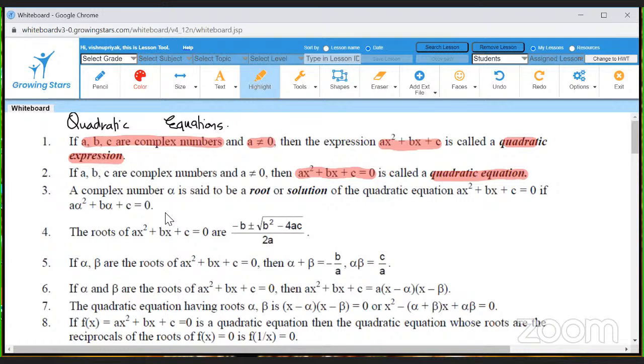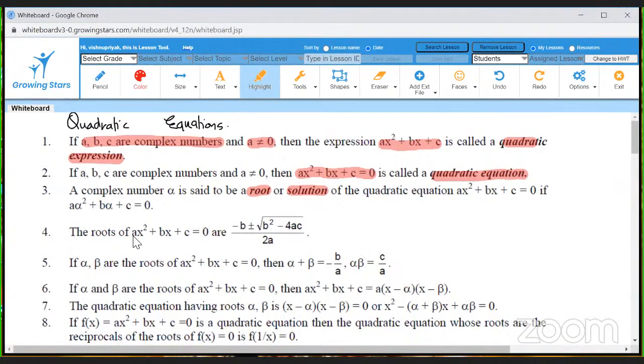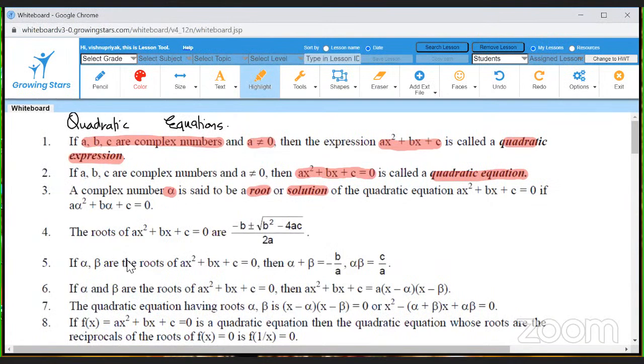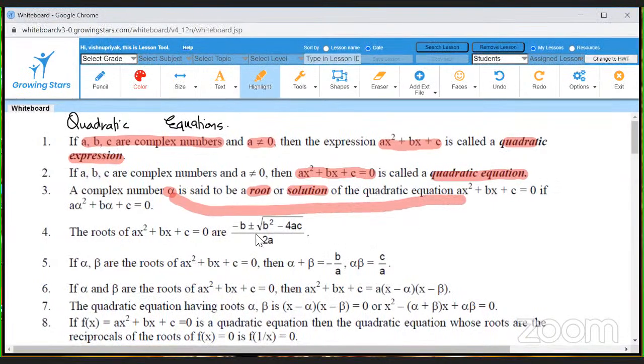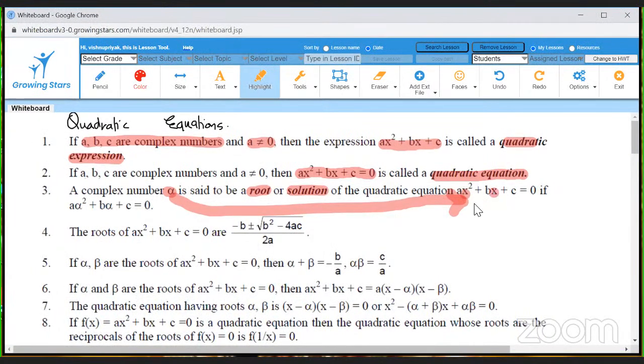Every quadratic equation has a root, solution, or answer. Suppose that answer or root or solution is alpha, that means this alpha you can put in place of x in the equation. Put x as alpha.